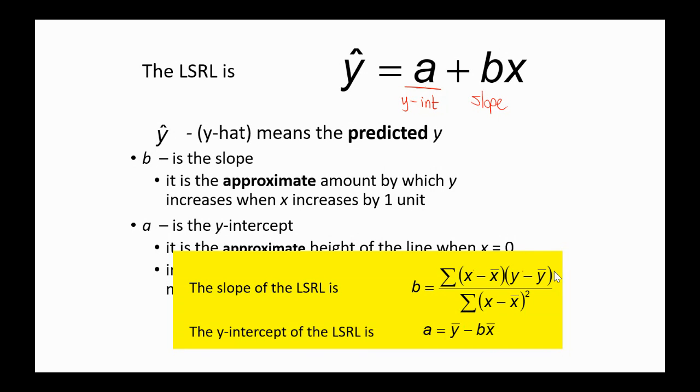So what do y'all think about A? Does that look like something I may want to compute? That looks doable? Well, the good news is you won't have to compute either of those. The calculator will do it for us.